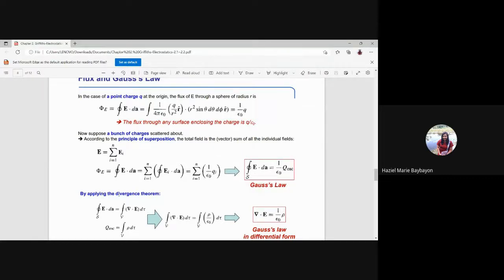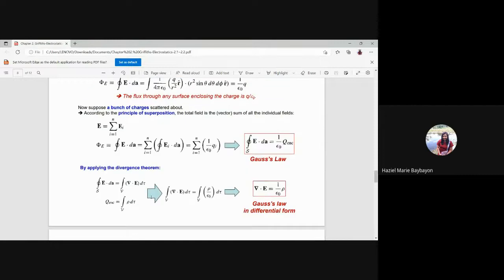And then, if we apply the divergence theorem, according to the divergence theorem, the closed integral of E dot dA over the surface is actually equal to the volume integral of the divergence of the electric field, or the divergence of any vector, integrated over the volume.